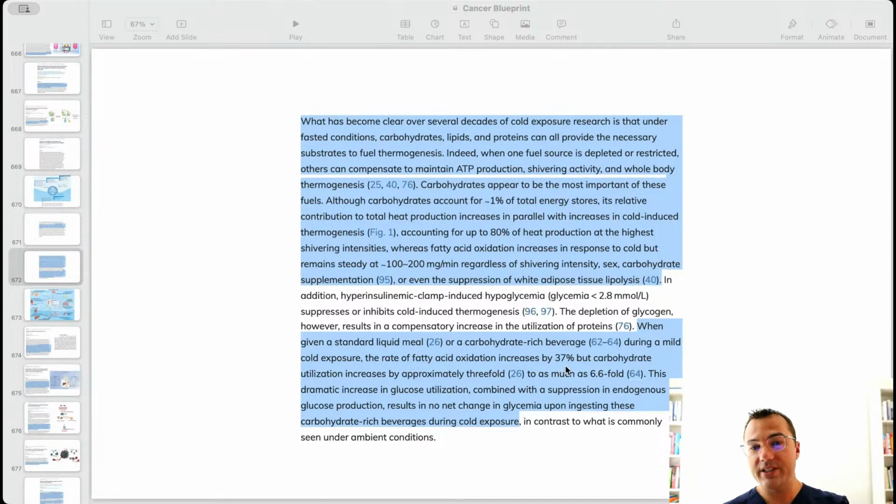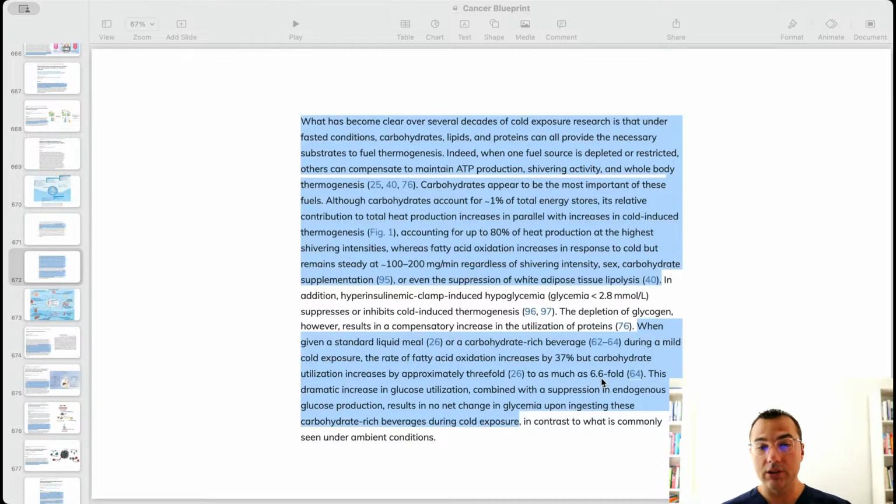So we're increasing fatty acid burning by 37% when given a meal or a carbohydrate-rich beverage. But get this, carbohydrate utilization increased by approximately threefold to as much as 6.6-fold. So you're getting a 300 to 660% increase in utilization of carbohydrates or sugar when you're exposed to cold.